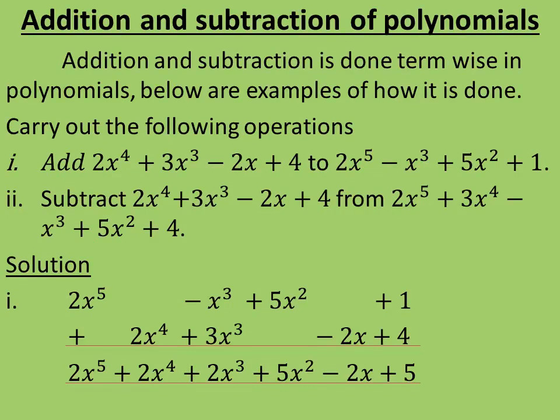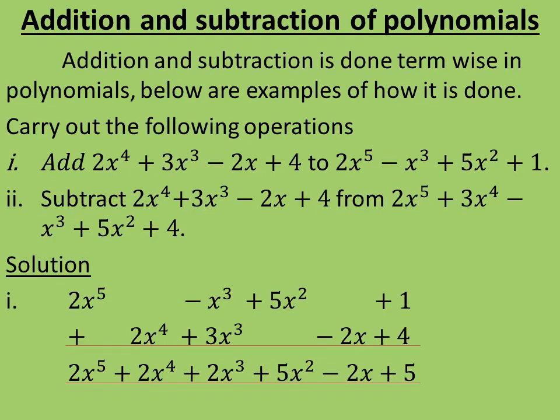Here we have 5x squared. There is no power of 2 in our second equation, so there is nothing to add this to. It's just like you are adding a number to 0. It will give you that number back. And here you have minus x raised to power 3 plus 3x raised to power 3.